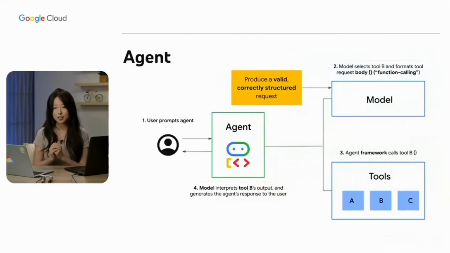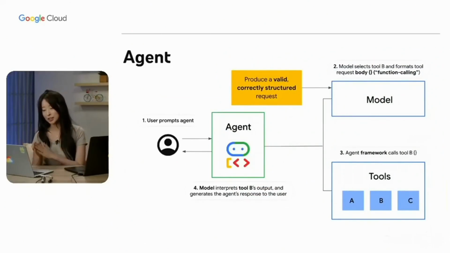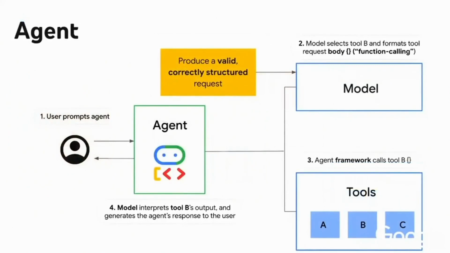And let's get started with agent, because everyone's building agent right now. Just a quick recap of what is agent, right? So first of all, we have this ADK, Agent Development Kit, agent framework. What we're looking at right now is how the agent usually works. You give the agent a prompt. For example, you're saying, do you have any suggestion about what to eat today?